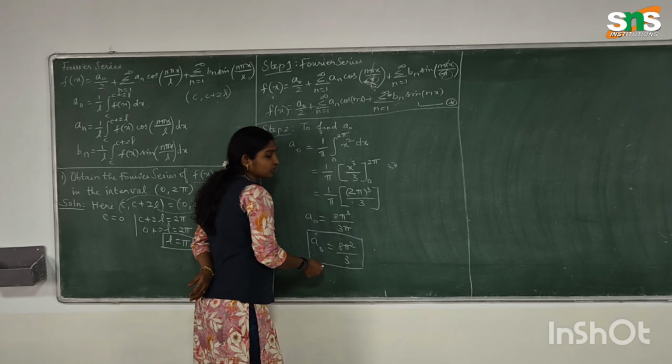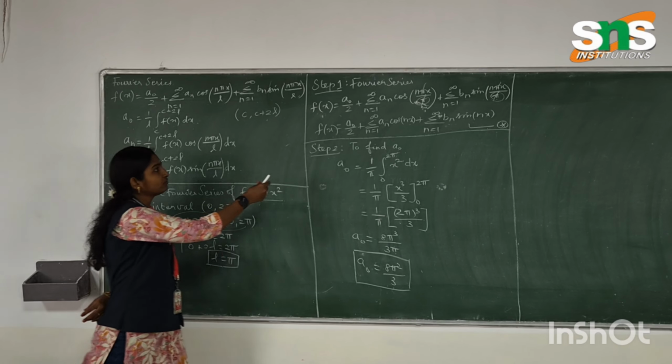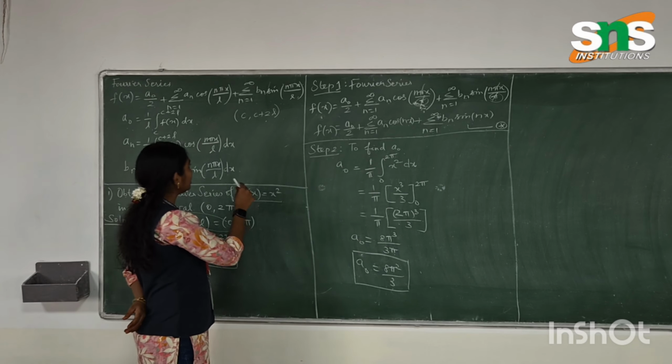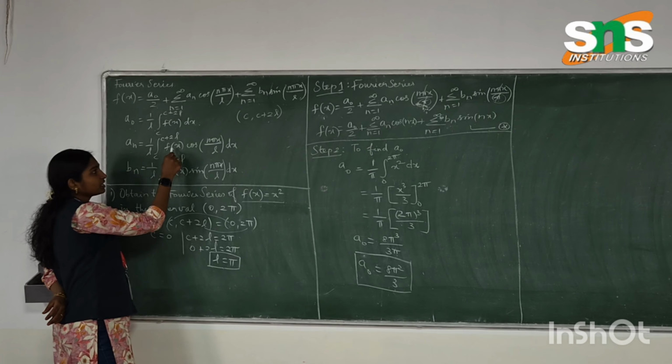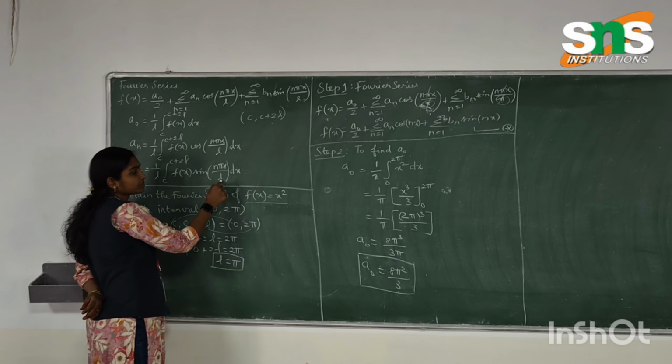Now what we have to do in the next 2 steps? We have to find the value of the an coefficient and the bn coefficient. So what is the formula to find an? an is equal to 1 by l integral c to c plus 2l f of x into cos n pi x by l dx. And what is bn? It is 1 by l into integral c to c plus 2l f of x into sin n pi x by l dx.